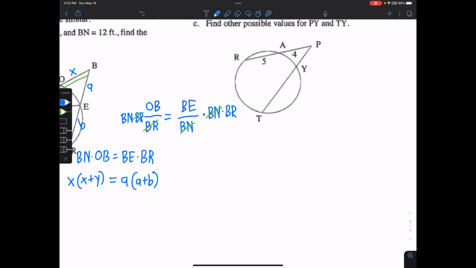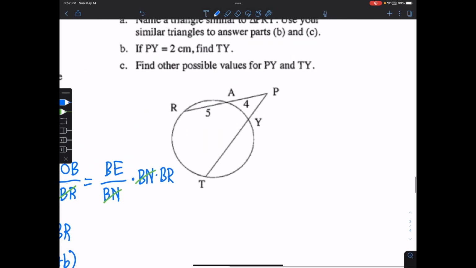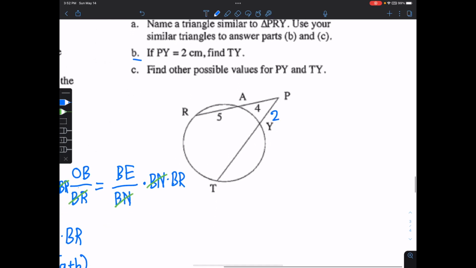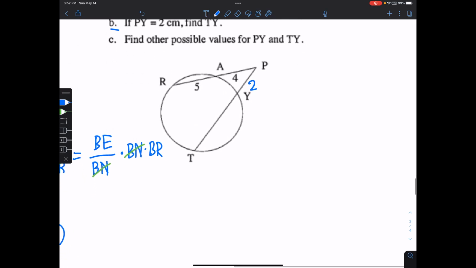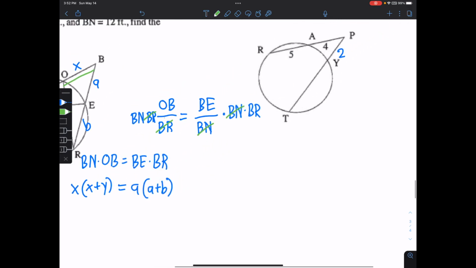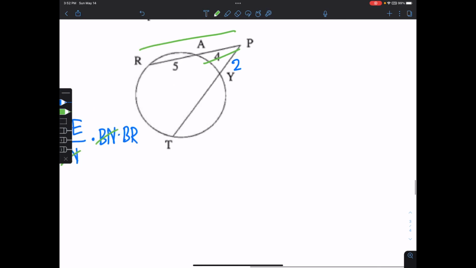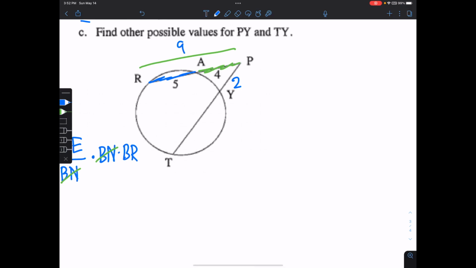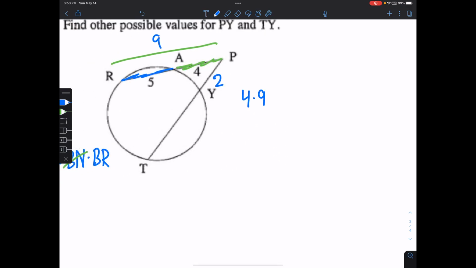So now we can try it on this problem, right? If PY, I'm just going to call it b, if PY was 2, find TY. Now we can use what we just learned. This short side times this entire side. Be careful with that because it gives that only this side is 4 and only this side is 4 and only this side is 5, right? And so this entire side will be 9. So it will be 4 times 9 is equal to our other short side, which is 2, times the entire thing.